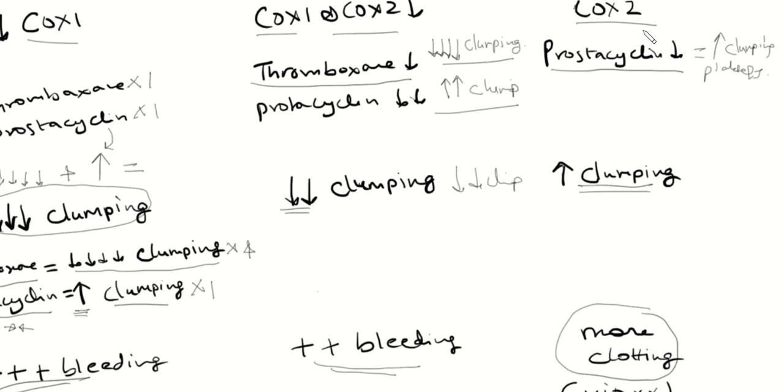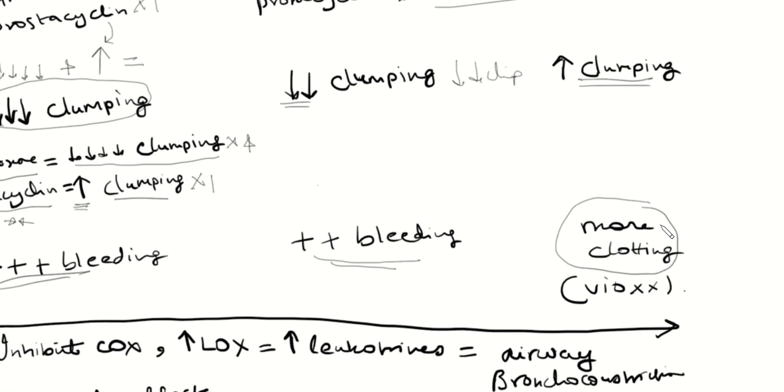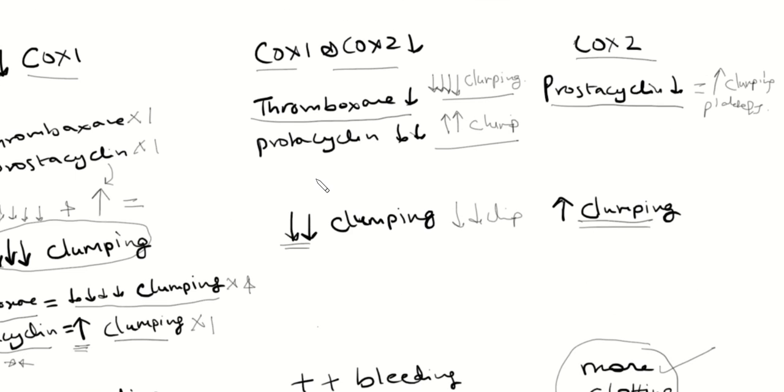COX-2 inhibitors, these drugs cause more clotting. While you have COX-1 that causes increased bleeding, and COX-1 and COX-2 which cause increased bleeding but not as much as COX-1, COX-2 inhibitors are more clot forming. They make a person form more clots.